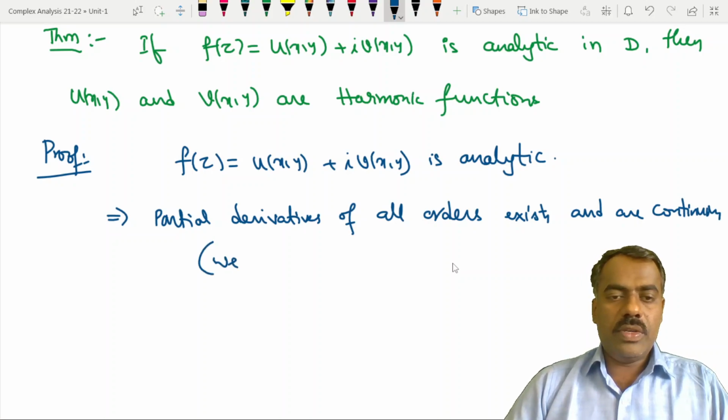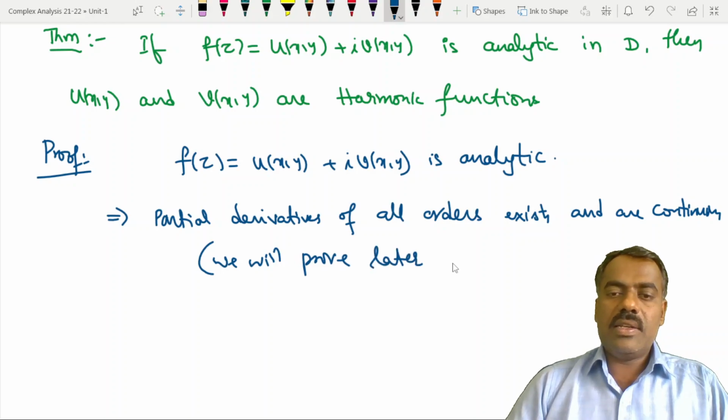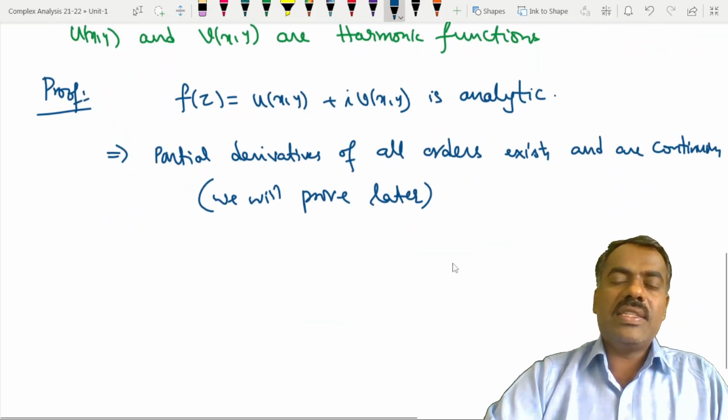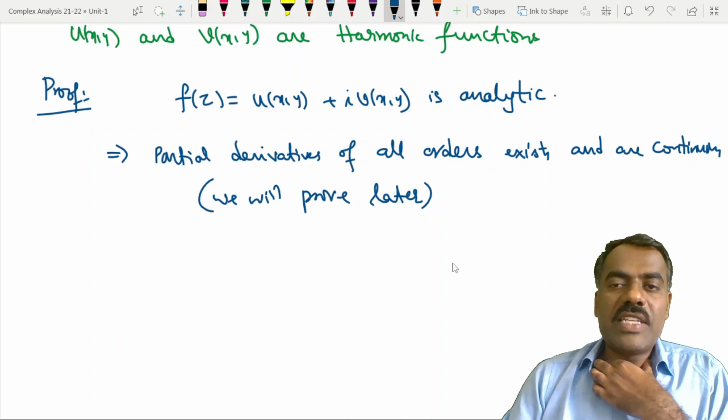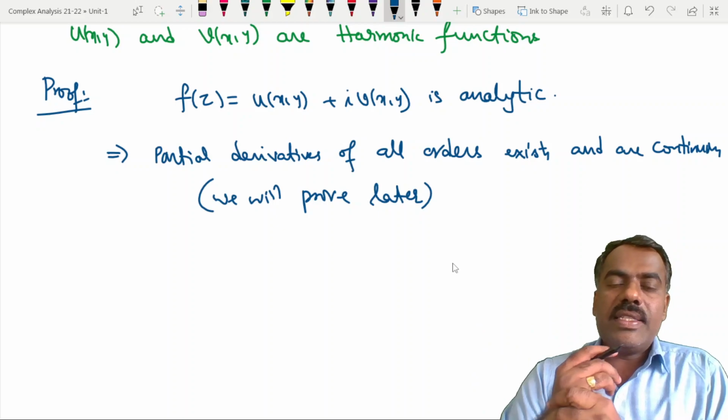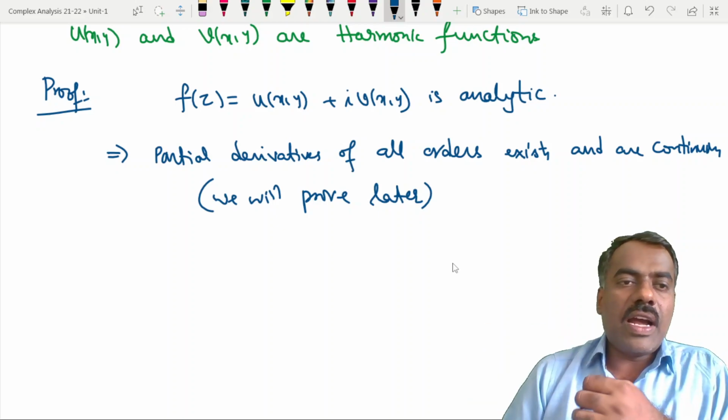We will prove this later in coming sections, when we discuss more about analytic functions. At that time we'll show that if f is analytic, then its derivative exists of all orders.